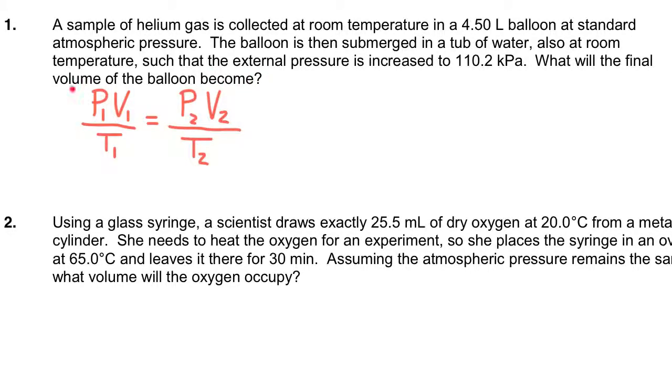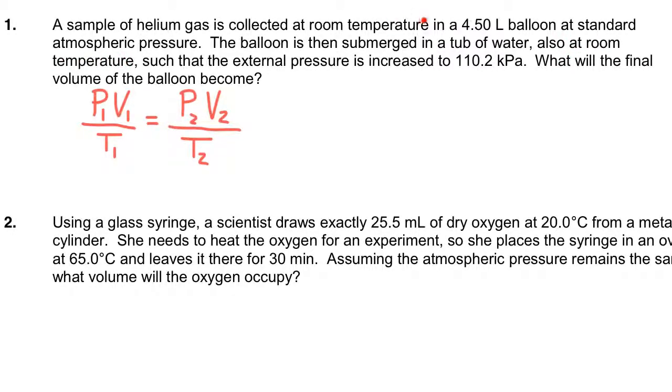So I'm going to start with my combined gas law, and now I need to fill in some values. Room temperature, it starts at room temperature, so that would be T1. What would be T2? Well, it says after it's submerged in the water, it's also at room temperature.